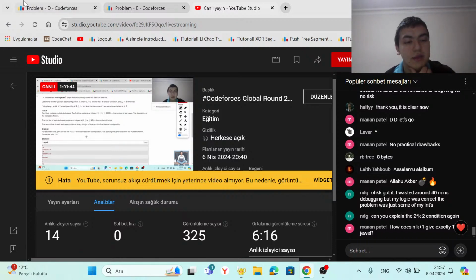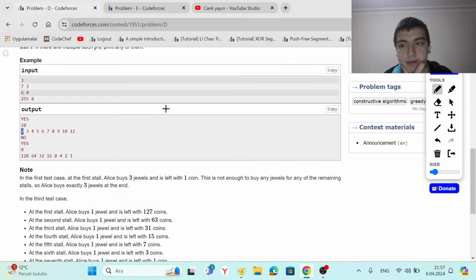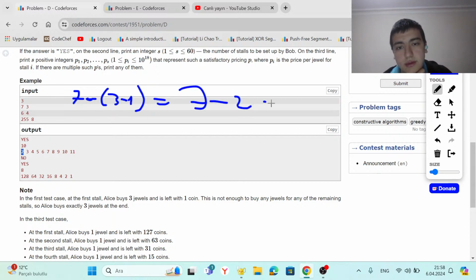How does n minus k plus 1 give exactly k? Let's look at the example. Say 7 and 3: 7 minus 3 minus 1 equals 7 minus 2 equals 5.